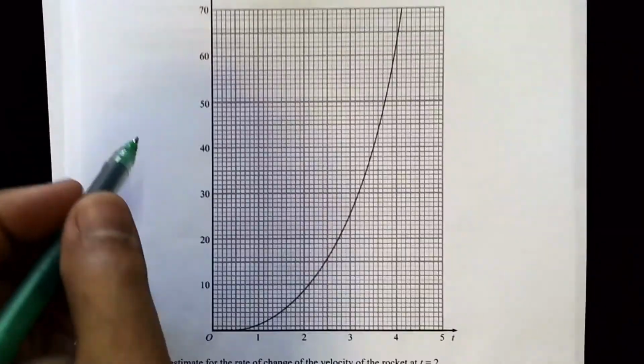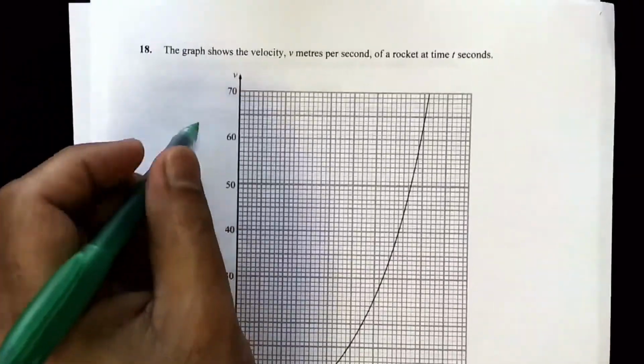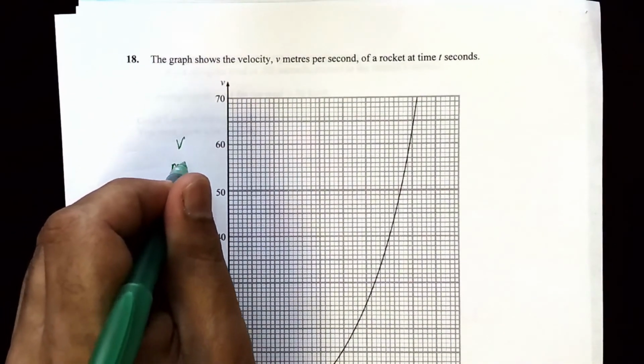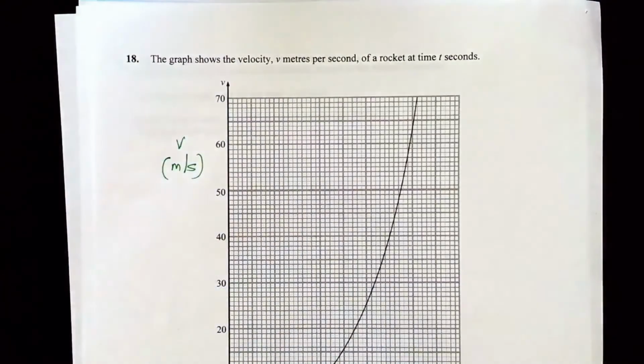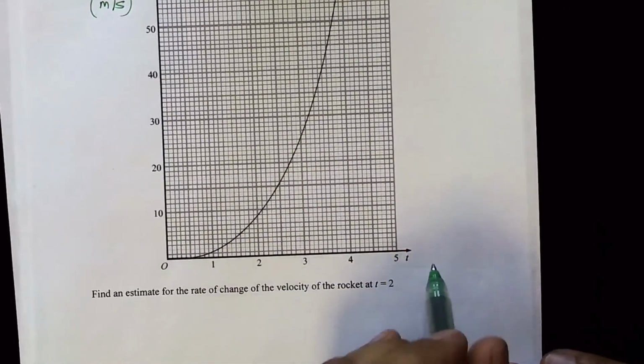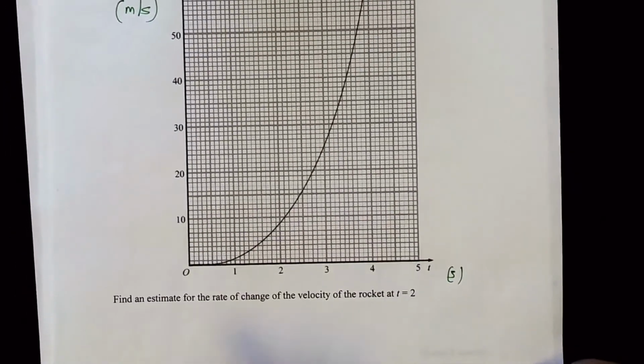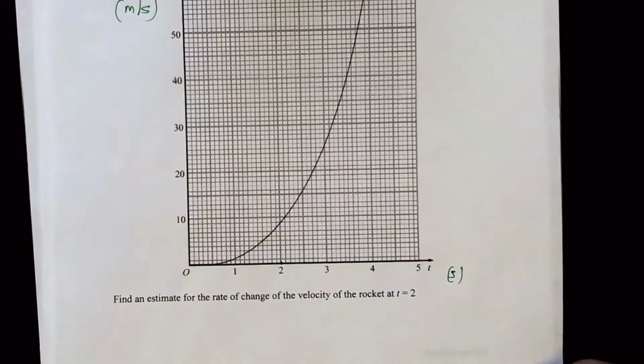So that scale is your velocity scale, which is in meters per second, and time t in seconds. And the question asks to find an estimate for the rate of change of velocity of the rocket at t equals 2. So t equals 2.